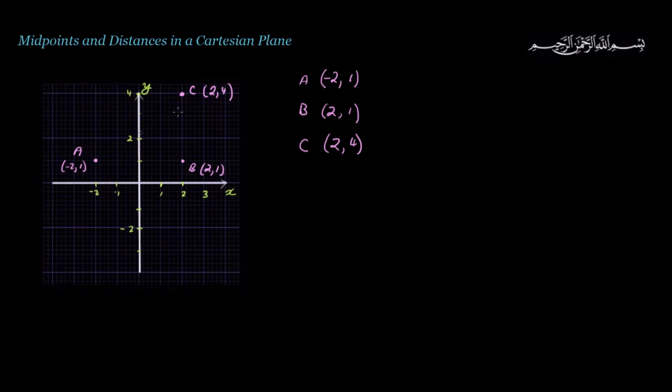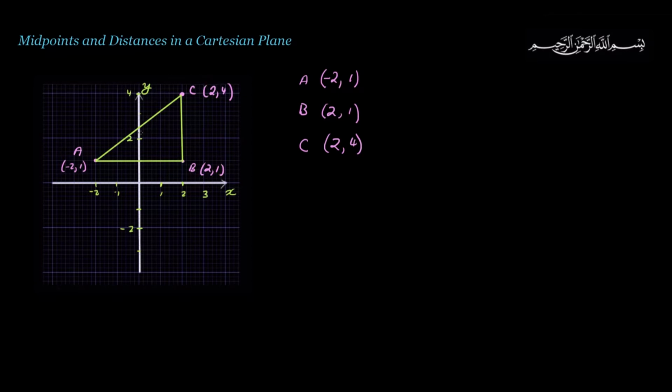Now, if we were to connect these 3 points, I don't know why we would, because we're not given any instructions to do so. But if you were to do it, you'll notice this in fact is a triangle, because any 3 points, when you connect them, will give you a triangle. And this actually would be a right triangle because this is 2 and 2, and it goes straight up, right? But we're not told that.